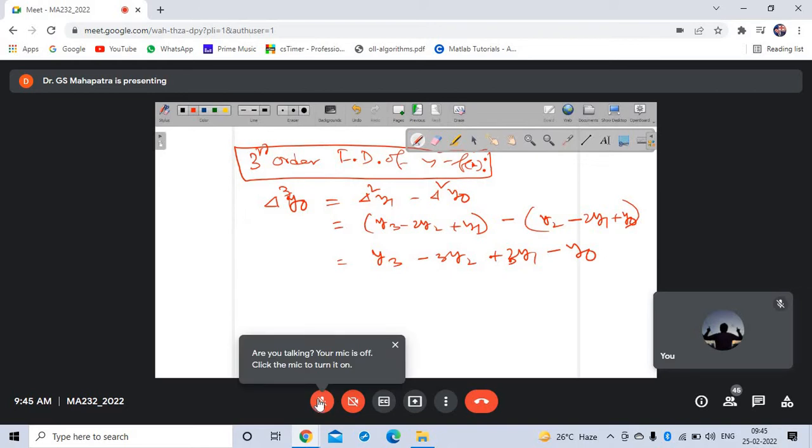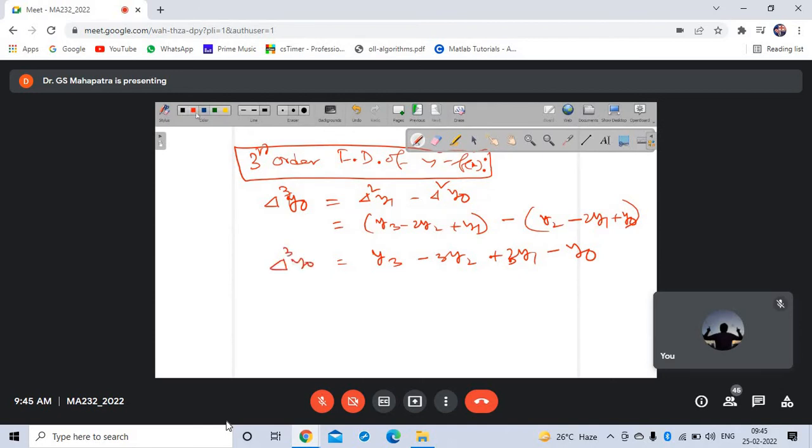So del 3y0, the third order difference, is this one. So what about del 3y1? y4 minus 3y3 plus 3y2 minus y1. Fine. And actually this one is nothing but del 2y2 minus del 2y1, and that is the expansion of the earlier one.